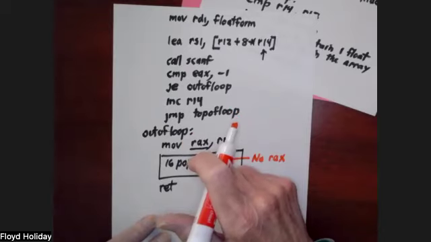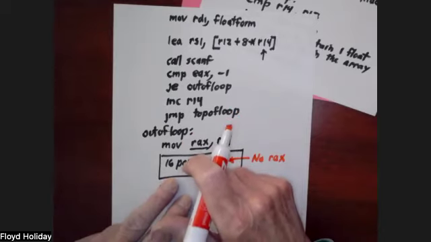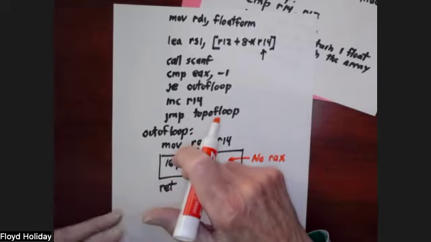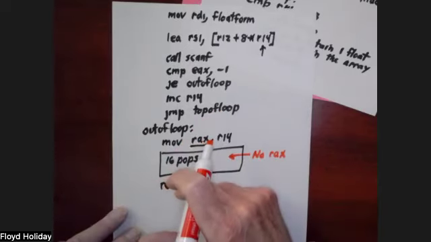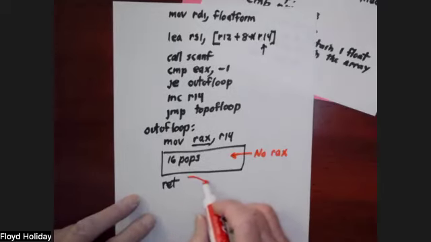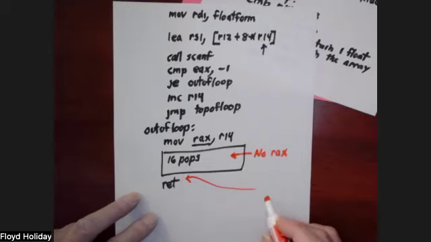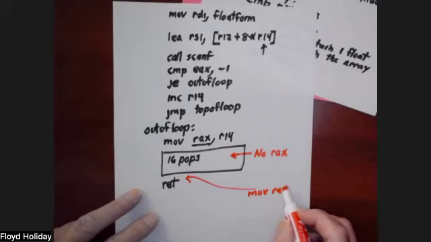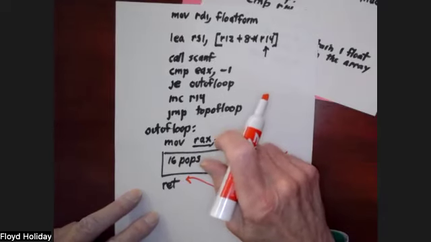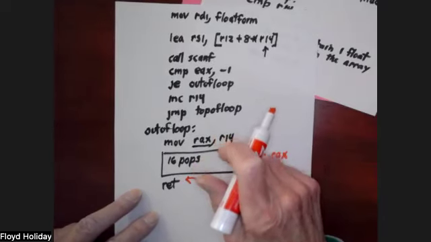If RAX was in here, one of the pops, then you put your good number in here, it's going to be lost before it can get returned. And if you had tried to put it here, move RAX, R14, you're trying to put the good number R14 into RAX.